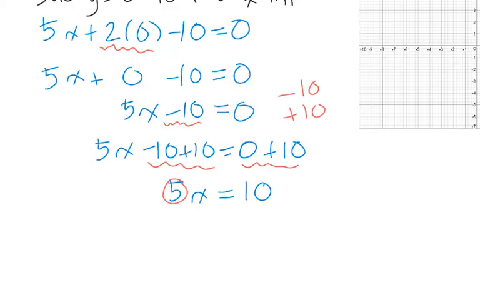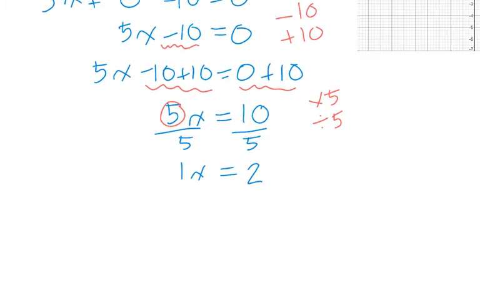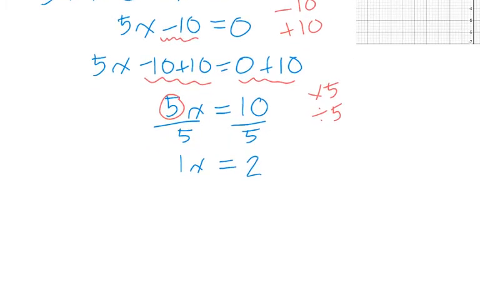This is multiply by 5. The opposite of multiply by 5 is divide by 5. We're going to divide both sides by 5. 5 divided by 5 is 1, and 10 divided by 5 is 2. Anything multiplied by 1 stays the same, so I can remove the 1, that just becomes x, and x is equal to 2.